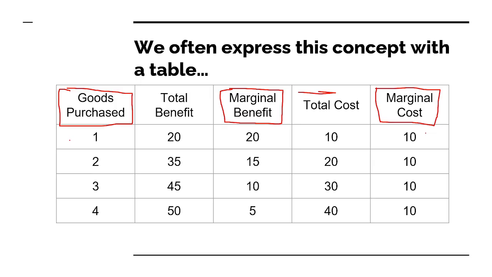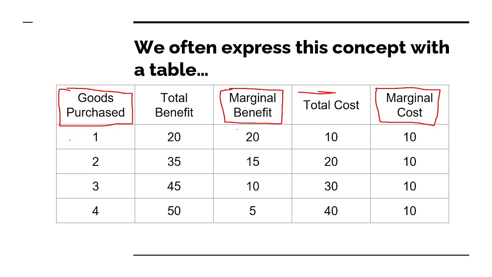And the benefit for that first slice of pizza, it's kind of an arbitrary thing, but we're quantifying it as being 20, right? 20.